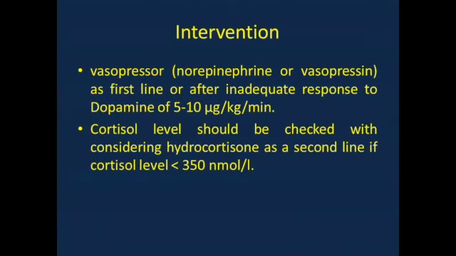Intervention category number 1, vasopressor. And vasopressor, by definition, is norepinephrine, which is basically an alpha stimulant, or vasopressin as a first line, or after inadequate response to dopamine. So if you consider dopamine of 5 or up to 10 mics, you don't have to keep escalating that to 15 or 20.